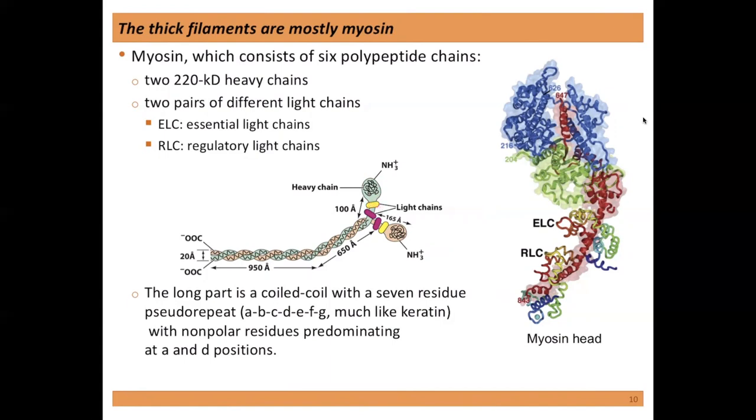You've got the essential light chain and the regulatory light chain. So this alpha helix here actually has a pseudo repeat, so A, B, C, D, E, F, G, much like keratin, where again, those positions at A and D tend to be non-polar, hydrophobic. So again, those hydrophobic patches are going to be able to line up with other myosin fibers there.